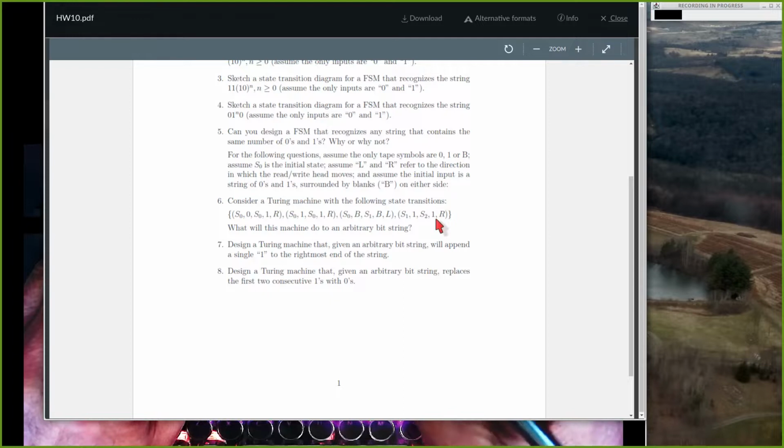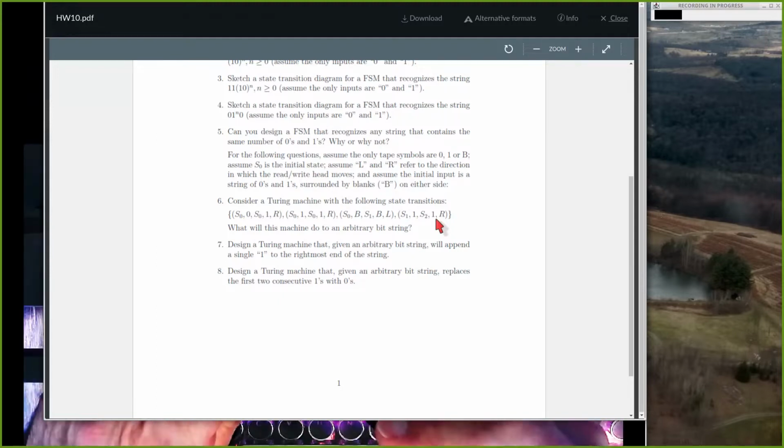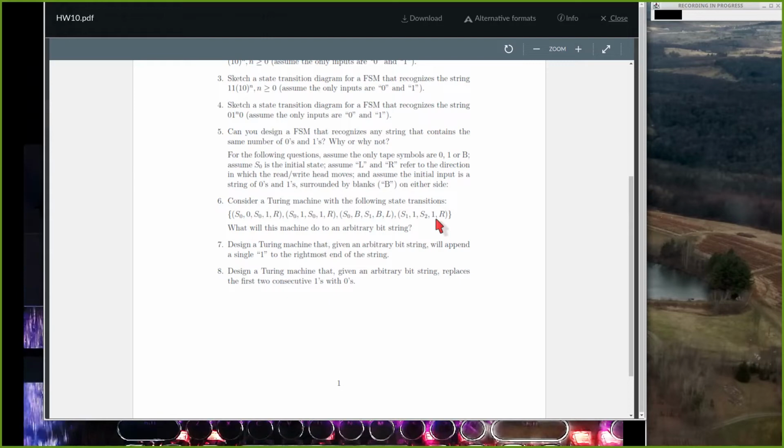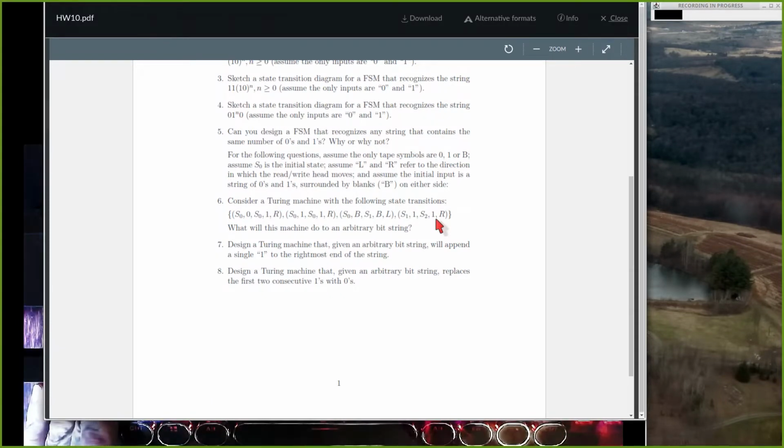Sorry, that would have been a 1. So it looks like what this does is it takes whatever bit string you have, changes it to a string of all 1s, and leaves the read-write head to the right of the least significant digit. So probably not the most useful function in the world, but that's what it does.